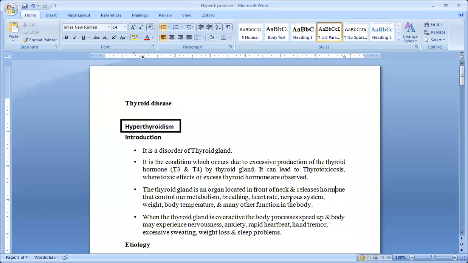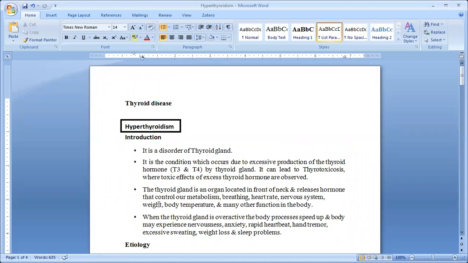And which hormones does it release? T3 and T4. And what is the role of those hormones? They control many functions. Which are those main functions? Metabolism, breathing, heart rate, and they control the nervous system also.